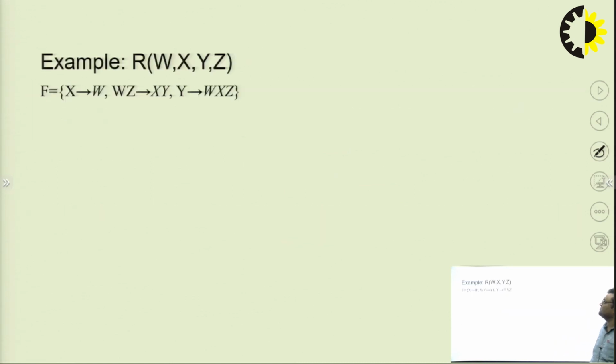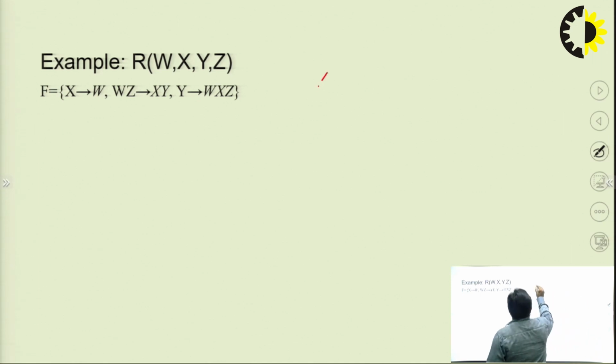Okay. So, we have an example, which you can also do for practice. First we have to decompose, making the right hand side a singleton.